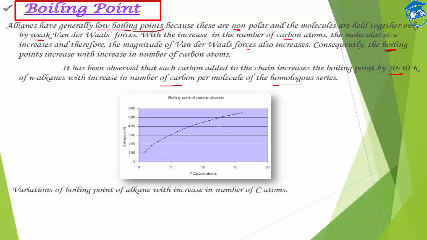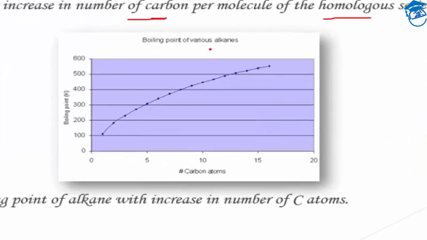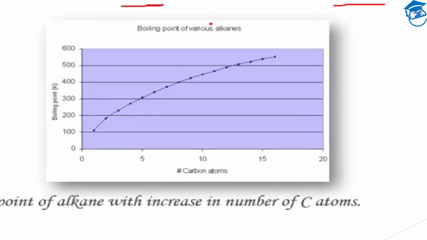Why low? Because non-polar, weak van der Waals forces of attraction. And with increase in number of carbon atoms, the boiling point will increase, because the van der Waals forces depend upon the molecular weight and increase with number of carbon atoms.